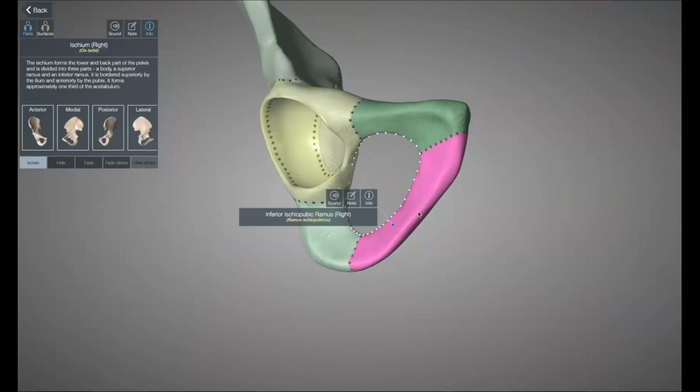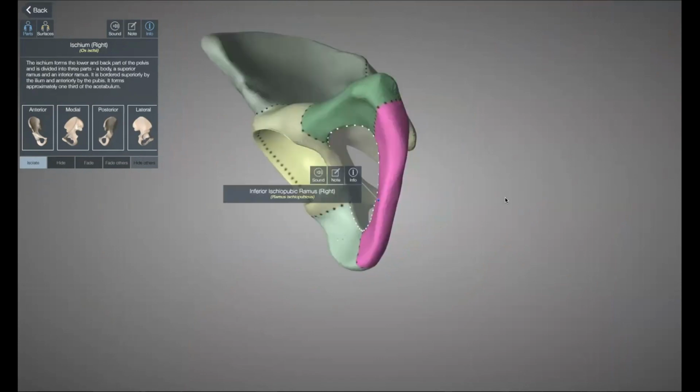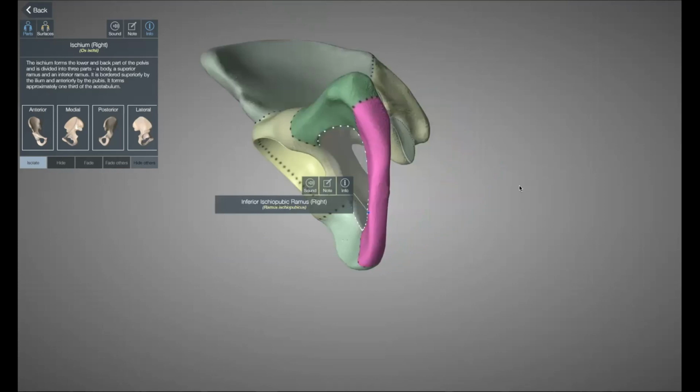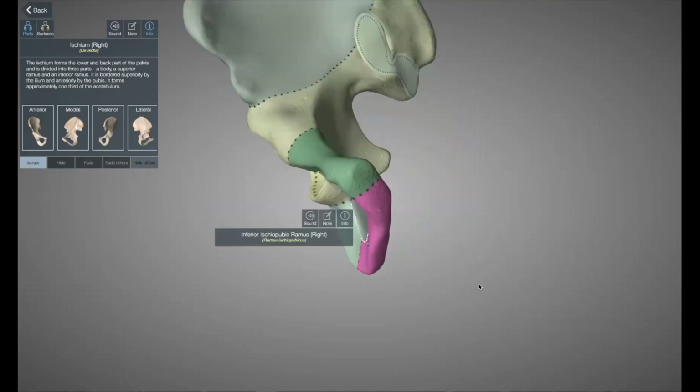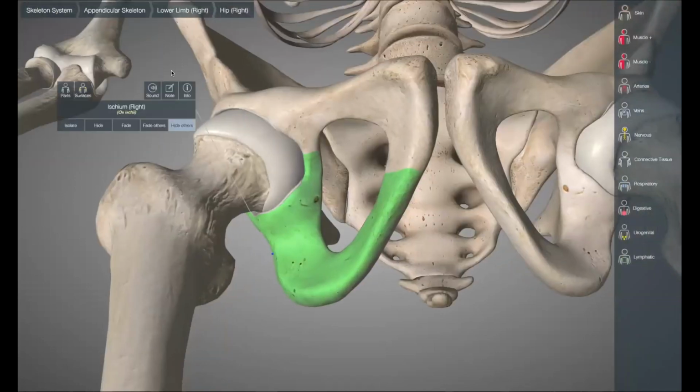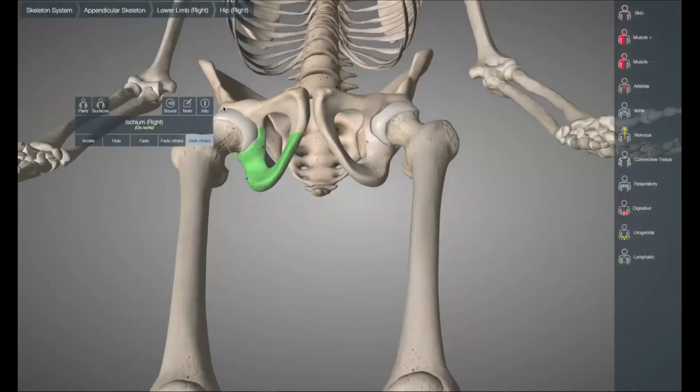We're talking about the edge of it, so it's called the pubic arc. The pubic arc is made up of the ischiopubic rami, right and left, then the ischial tuberosities right and left, and finally the tip of the coccyx. Okay?